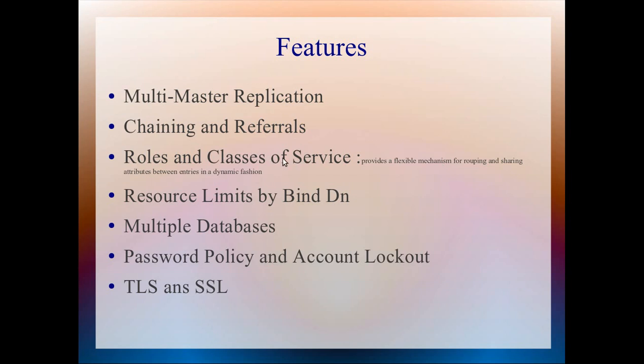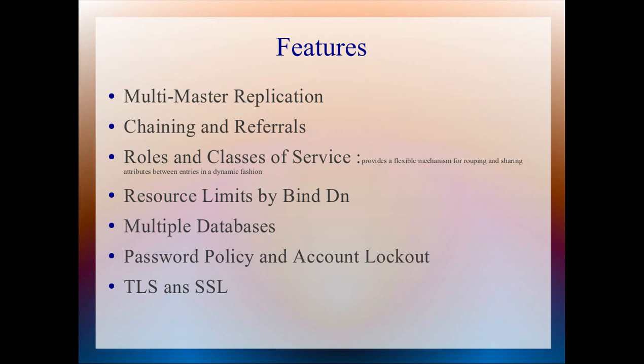Roles and classes of service. It provides a flexible mechanism for grouping and sharing attributes between entries in a dynamic fashion. We'll have a lab of all of these, so we'll see about it later. It can also limit resources by the bind DN. Bind DN means the credentials that you are using to connect to the directory server.